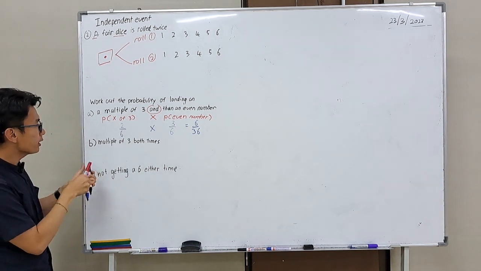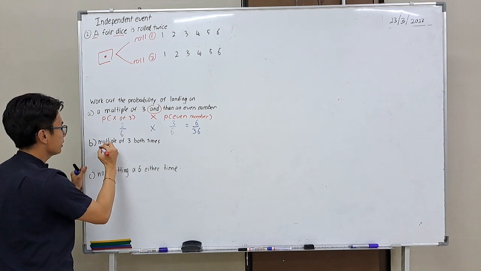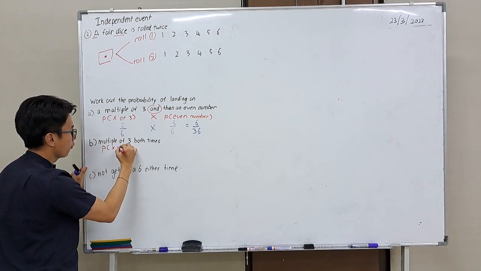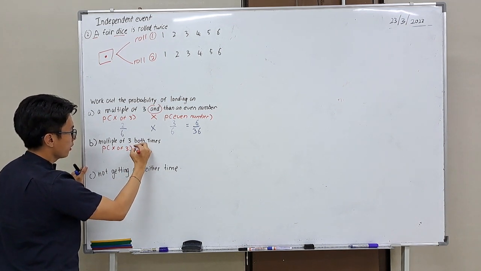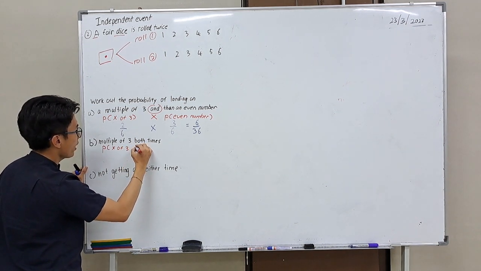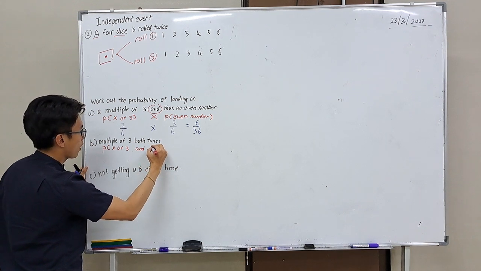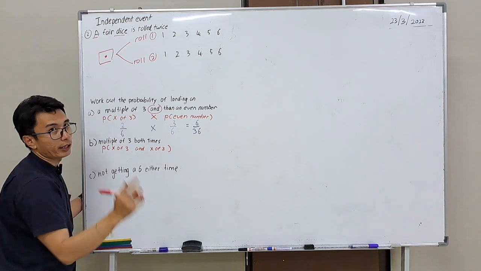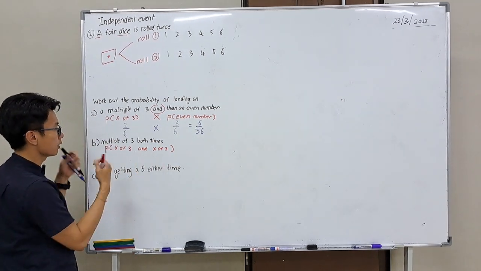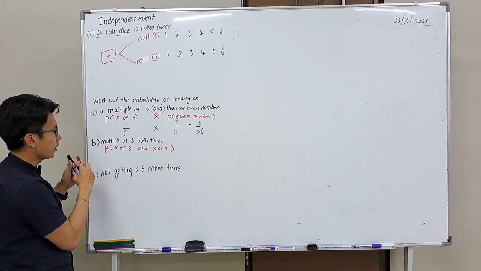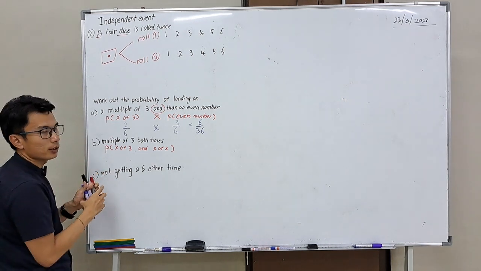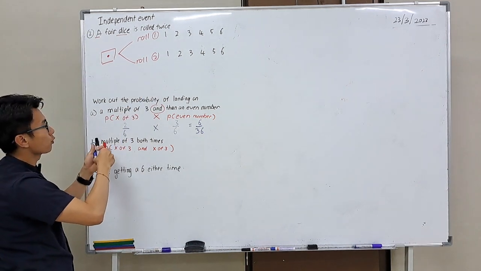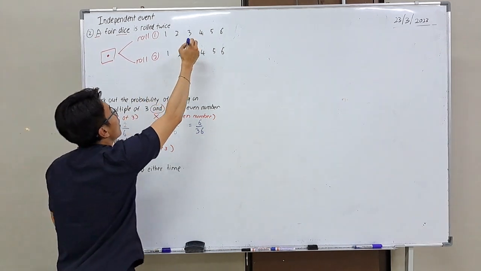So I can write this as the probability that I will roll a multiple of 3 and I will roll another multiple of 3 for my second roll. I'm interested in finding the probability of getting a multiple of 3 on my first roll.